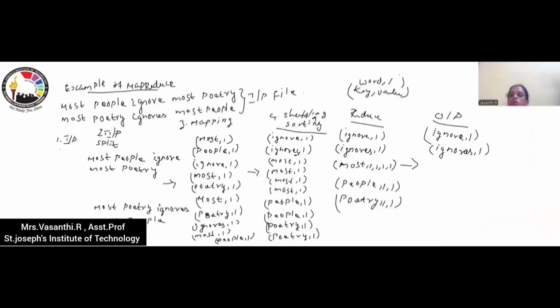Most, how many values are there? 1, 2, 3, 4, so four times. People occurs two times.